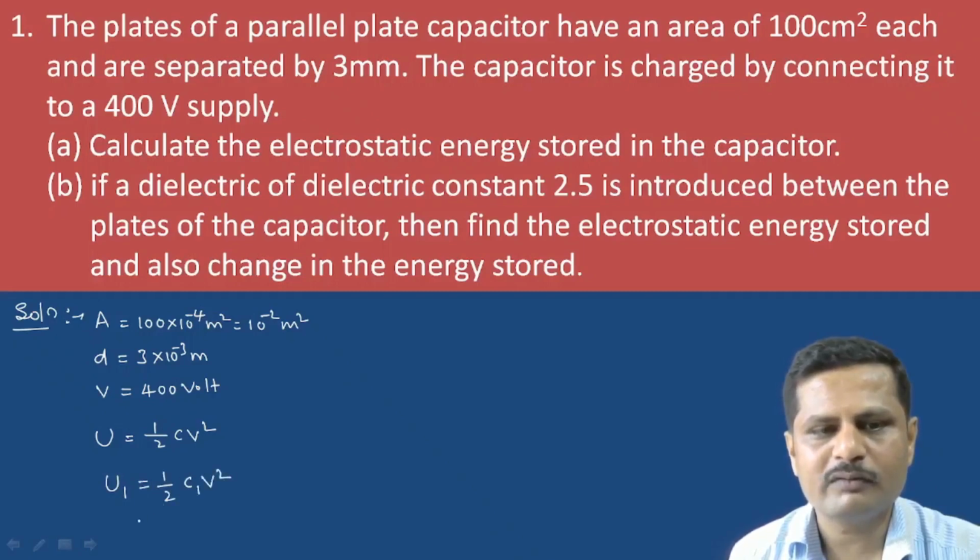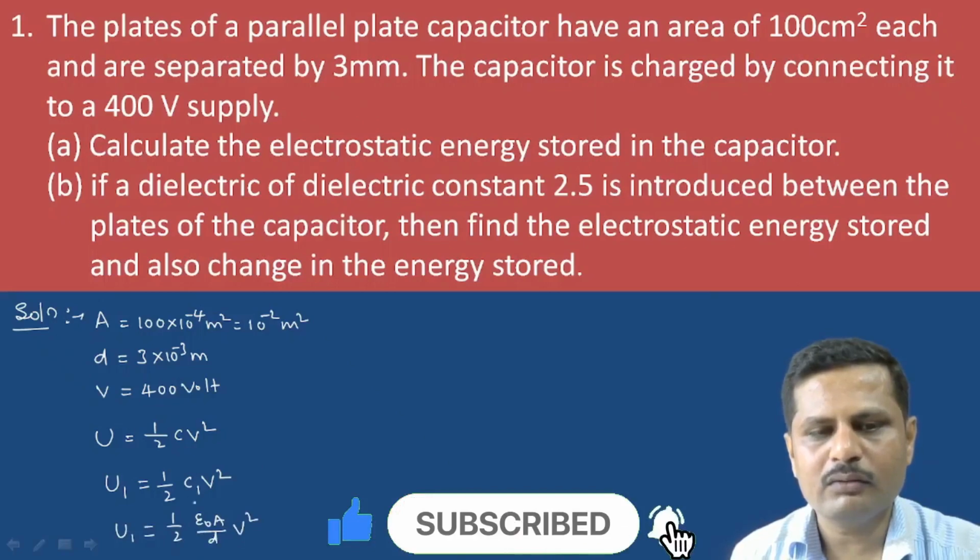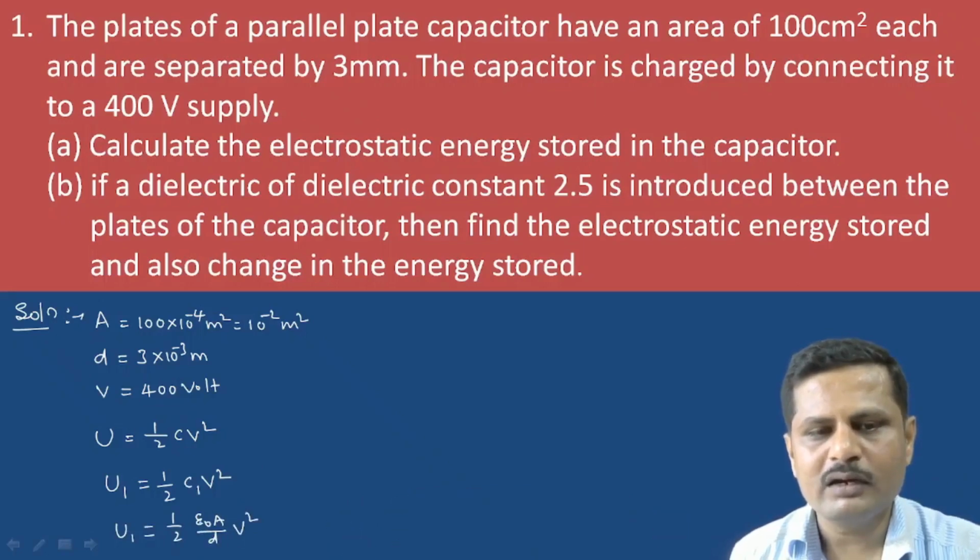So U1 is equal to 1 by 2 epsilon naught A divided by D, because whenever there is no dielectric medium between the two plates, the capacitance is given by epsilon naught A divided by D. So we could write like this.